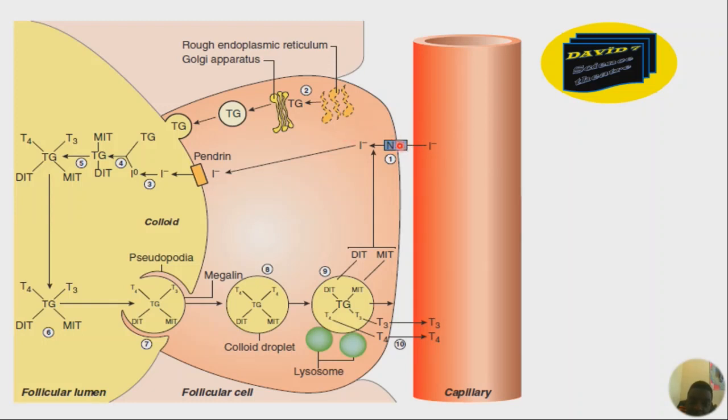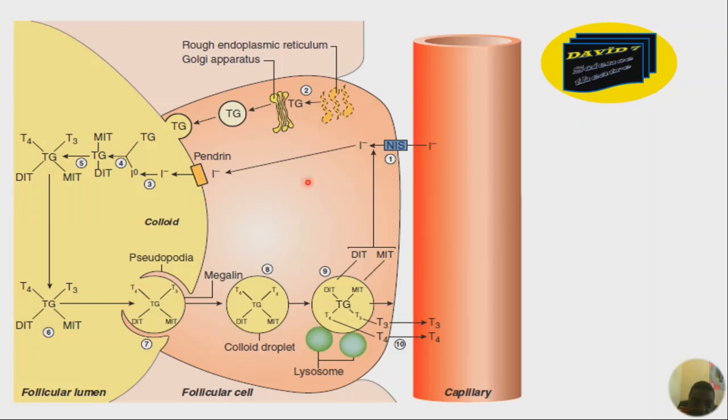As iodine enters this single follicular cell, or acinar or epithelial cell, it moves through the cytosol and goes to the apical membrane. This is the basal surface, where we had the basement membrane, and this is the apical surface.